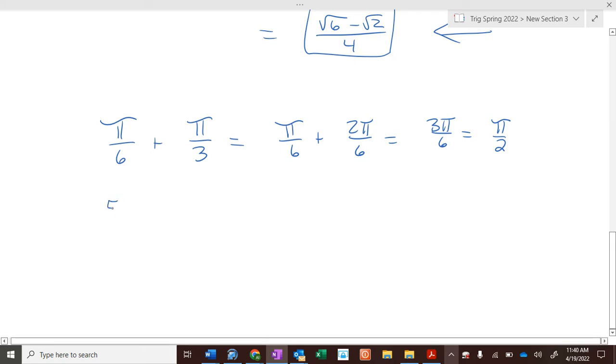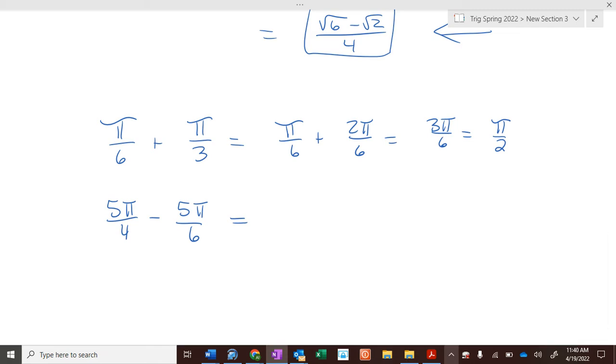What's 5 pi over 4 minus 5 pi over 6? Well, we need a common denominator. What's our common denominator going to be? 12.